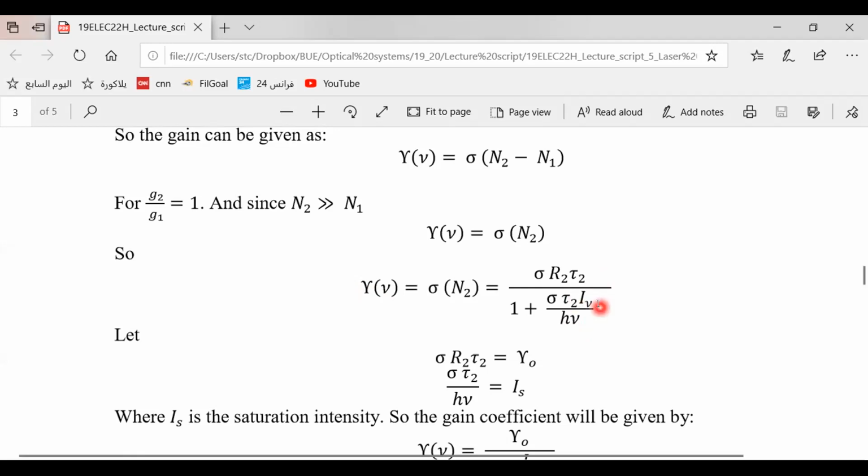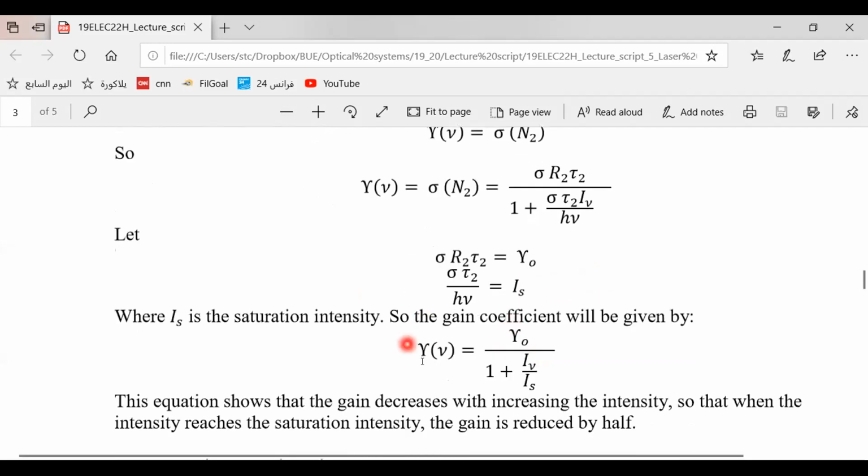To make it easier, we will collect this constant sigma R2 tau 2 and call it gamma naught. And we will collect the term sigma tau 2 over h mu and call it I_S, the saturation intensity. Then you will have this very important equation: gamma equals gamma naught over (1 plus I of mu over I_S).